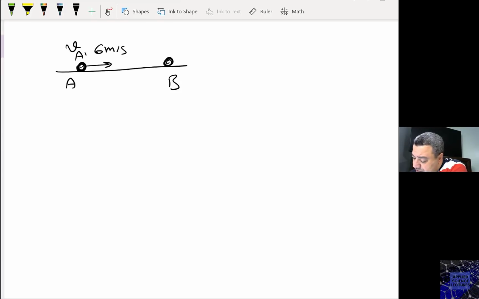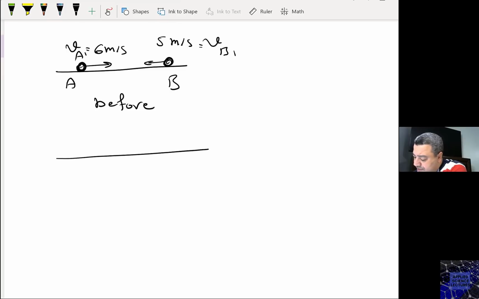This one is going this way, 5 meters per second. Let me call this one VB1. So this is before.